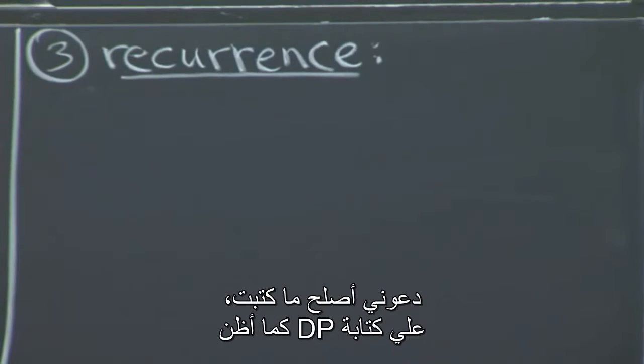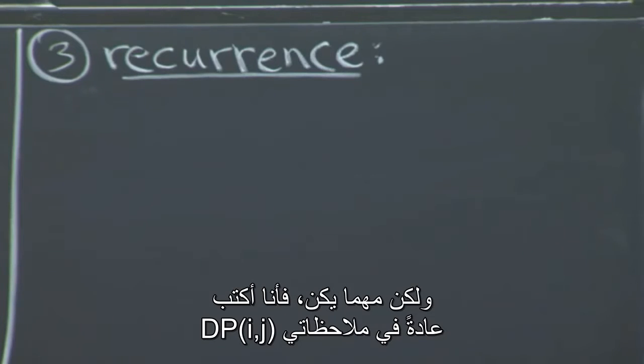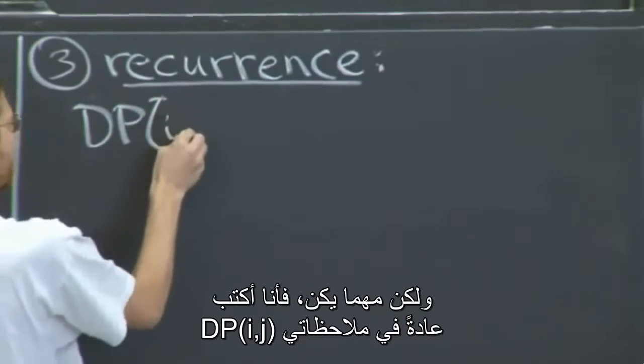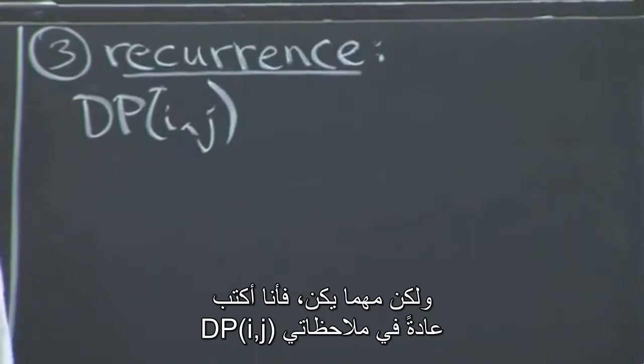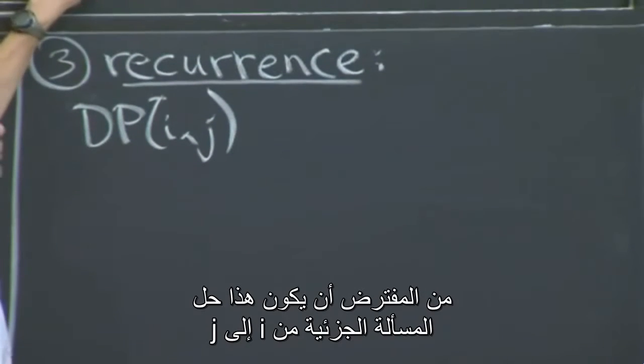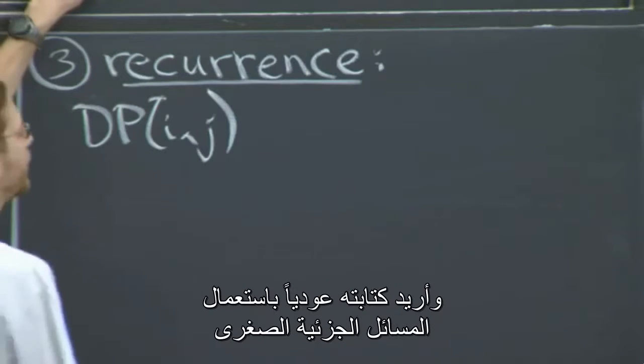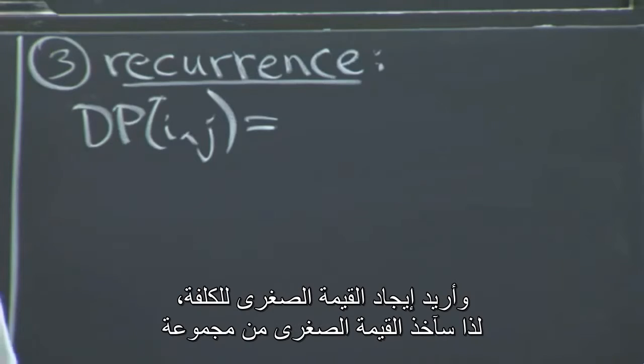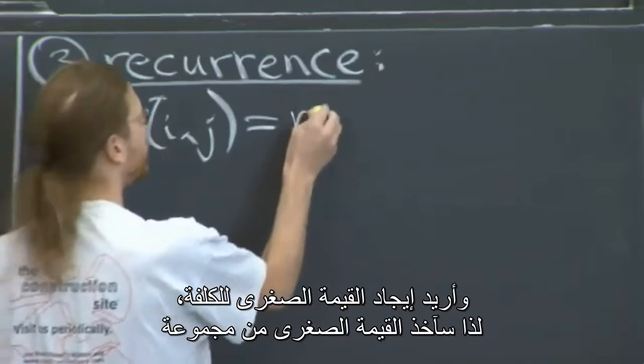Let me just fix my notation. We're going to use dp, I believe. For whatever reason, in my notes, I often write dp of ij. This is supposed to be the solution to the subproblem i colon j. I want to write it recursively in terms of smaller subproblems. And I want to minimize the cost, so I'm going to write a min overall.